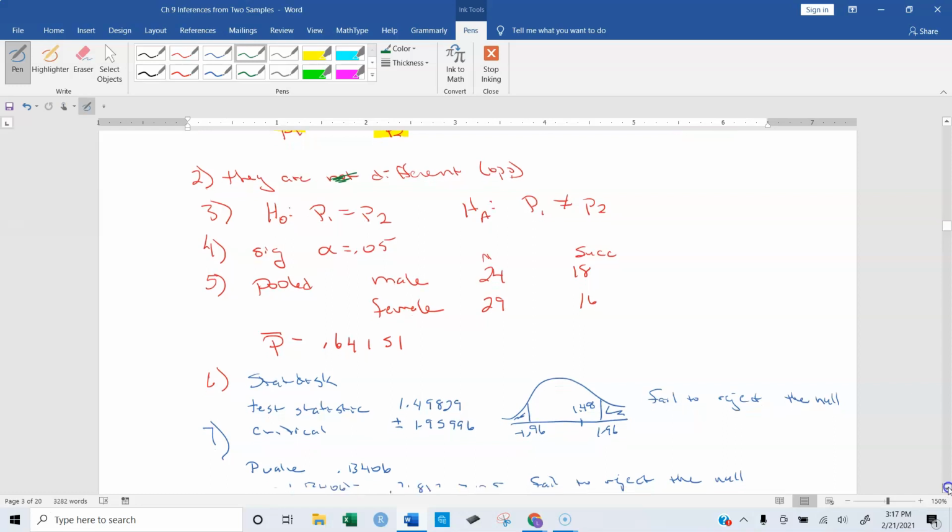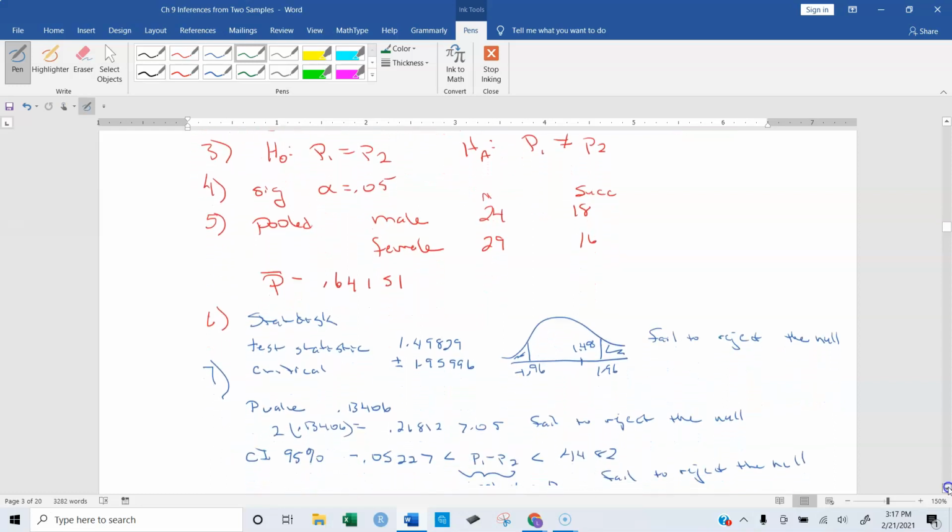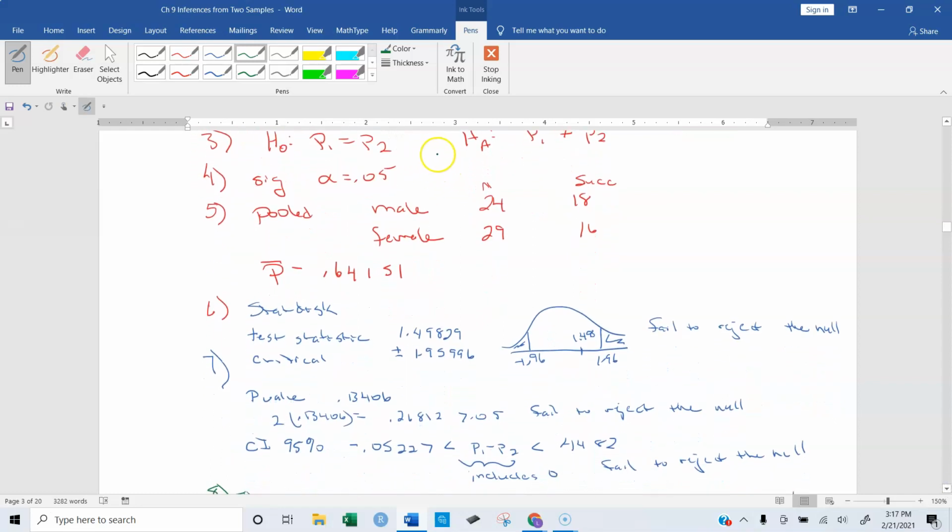Now, to find the pooled, I used StatDisk. When you calculate the male, there were 24 of them, 18 of them were successful. The female, there were 29, 16 of them were above 70. So then your pooled proportion was 0.64151.